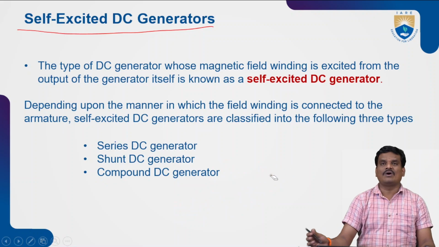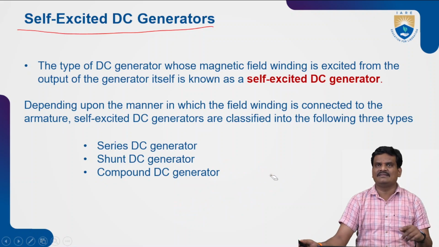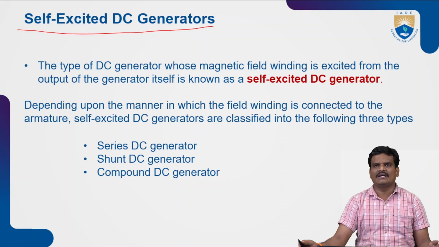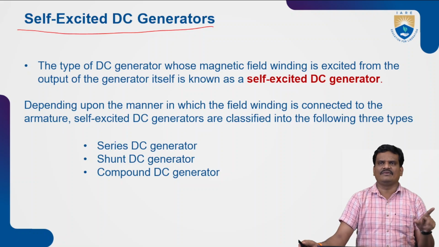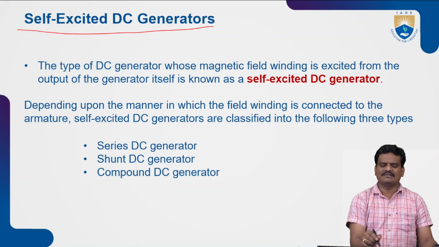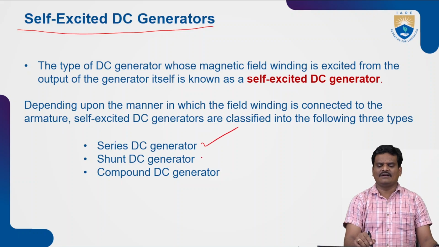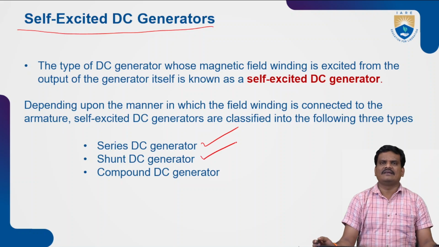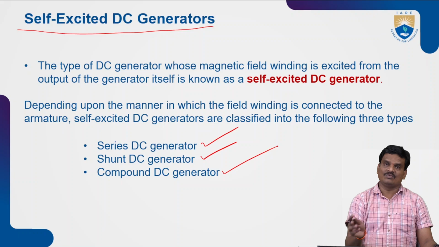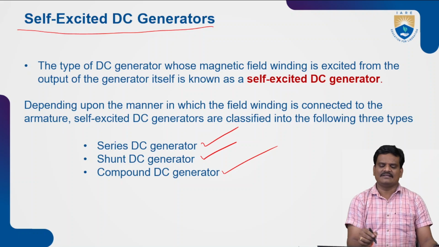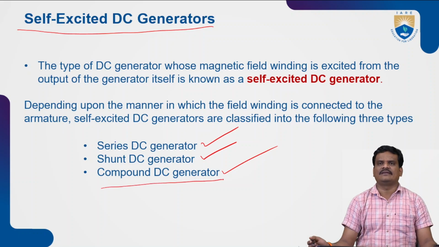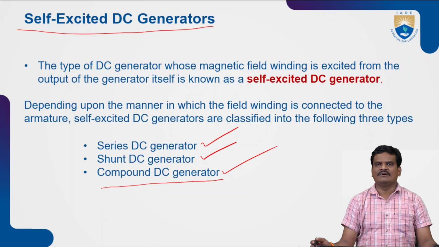So self-excited DC generators are divided into three types depending upon the connection of the field winding: DC series generator, shunt DC generator, and compound DC generator.